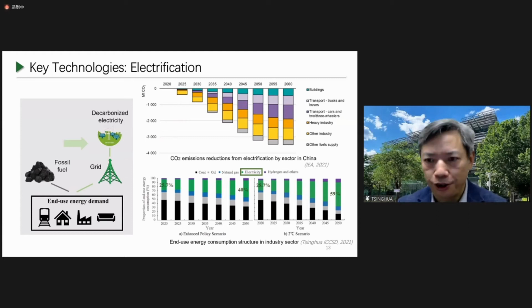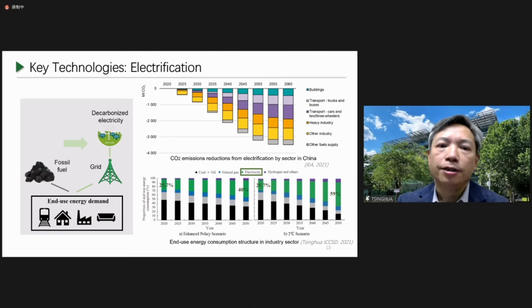This slide shows some roadmaps developed by different think tanks, for example, both the IEA report and the Tsinghua long-term low-carbon strategy report show this kind of estimation. The first chart on the right side shows that the mitigation potential of electrification will grow from only about 300 million tons in 2025 to over 3 billion tons in 2060.